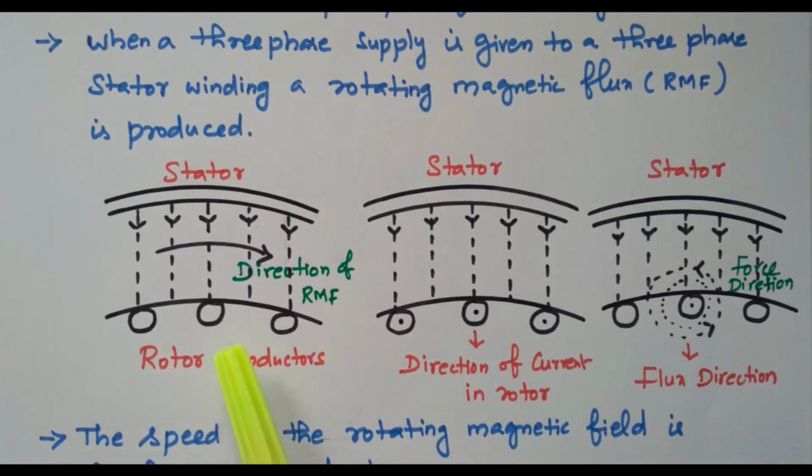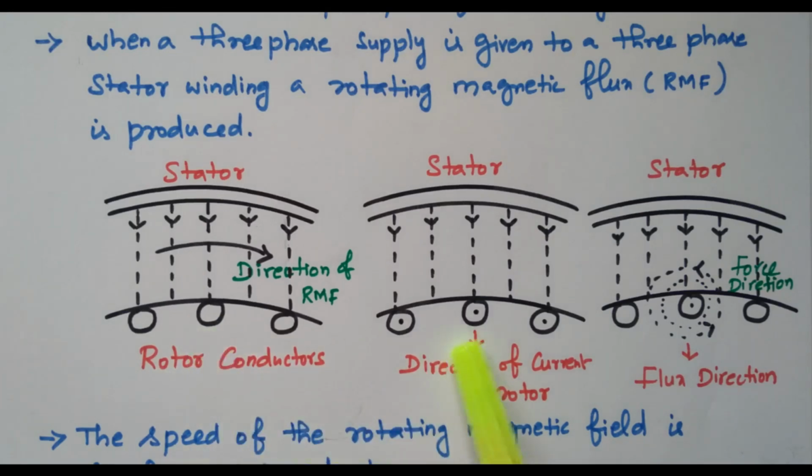Based on the principle, this magnetic flux cuts the conductors. Initially the conductor is stationary, so no current is flowing in the rotor conductors. When a conductor cuts the magnetic flux, the EMF is induced in the rotor conductors. These rotor conductors are in a closed circuit, so the current will start flowing through the rotor conductors.